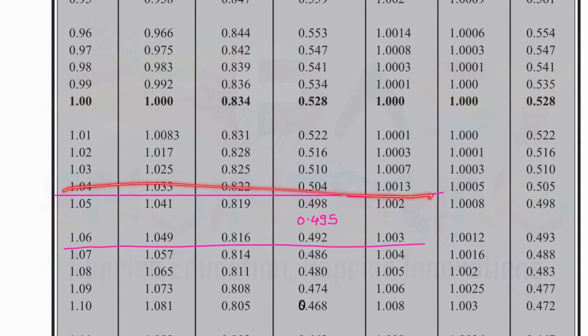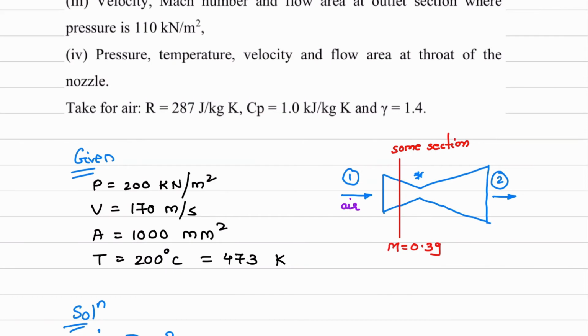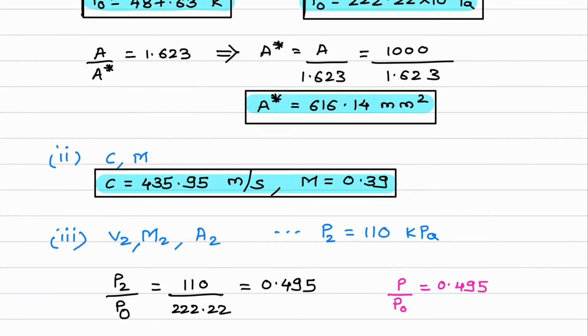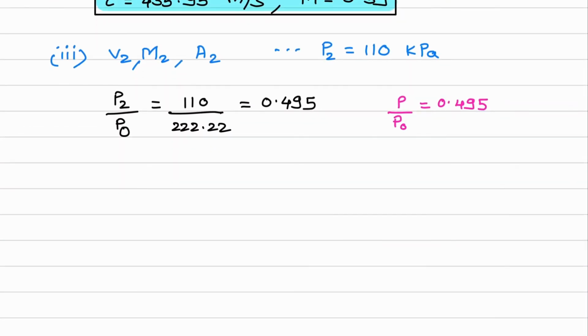So what I'll do, I'll copy this table in the solution part. So I'll go back to the solution, and whatever values we have seen in the gas table, I'll calculate this. So first I'll complete this statement. So this point lies between Mach number equal to 1.05 and Mach number equal to 1.06.